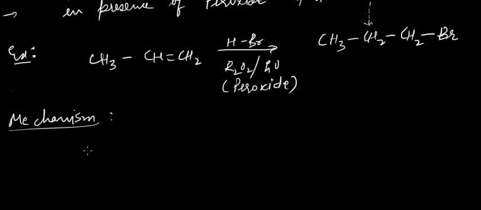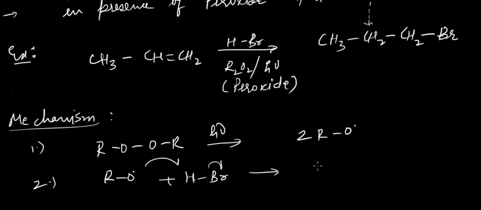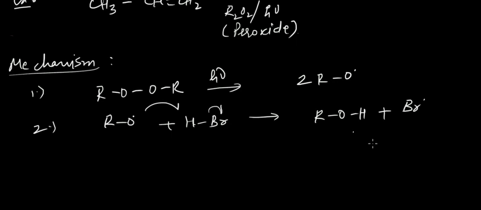So first step is we have the peroxide. Peroxide in presence of H nu gets converted into two free radicals. Now one of the free radicals actually attacks on HBr and converts it into alcohol and Br free radical.